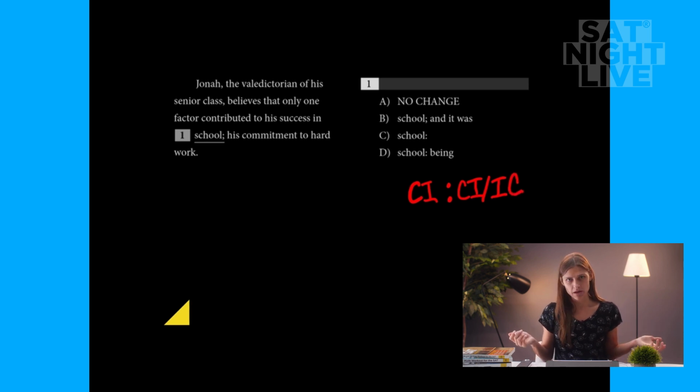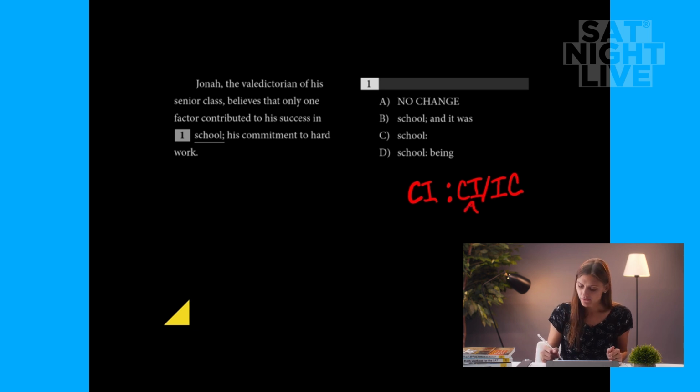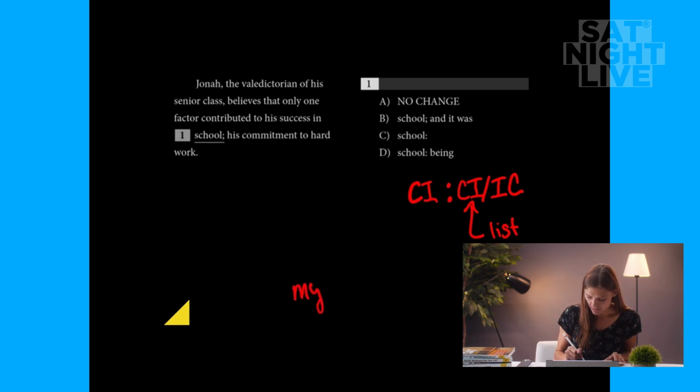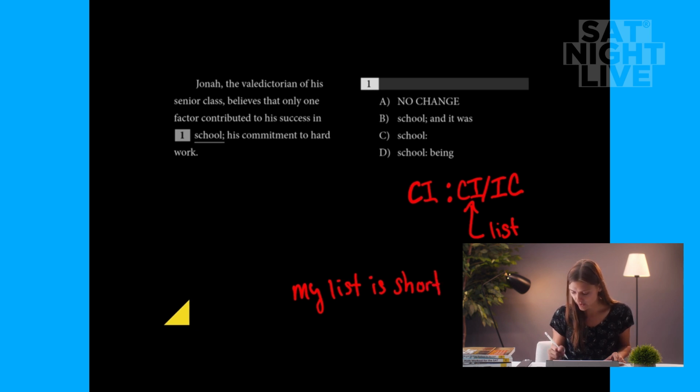So what does that mean? Well, there are several things that can come after that complete idea, and they have to be related to the first half of the sentence. And the most common things that you're going to see are going to be some sort of list. My list is short, colon. Let's write this. My list is short. Now I can use the colon because I've got a complete sentence.